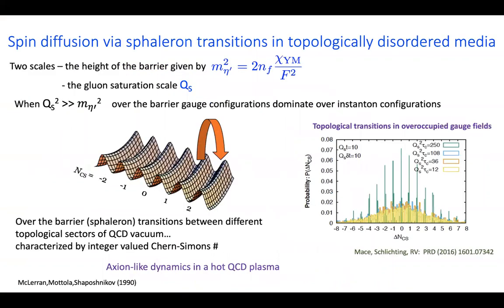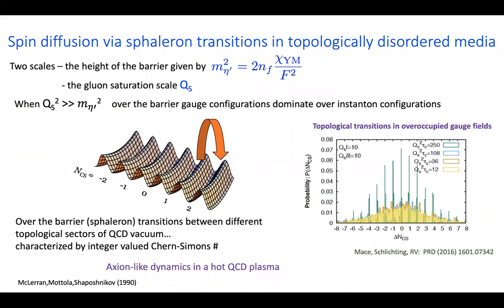And it turns out that you can actually show, in large-scale classical statistical numerical simulations of far out-of-equilibrium, high-occupancy fields, that you see such structures, where the Chern-Simons charge of gauge configurations clusters around integer values.